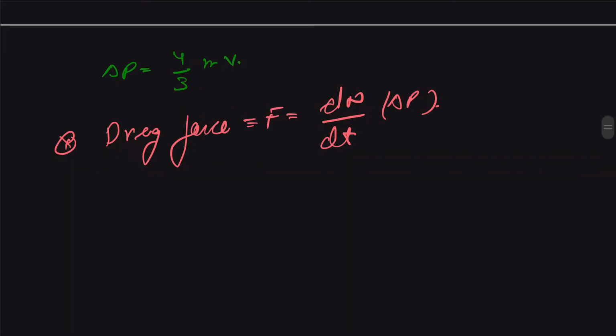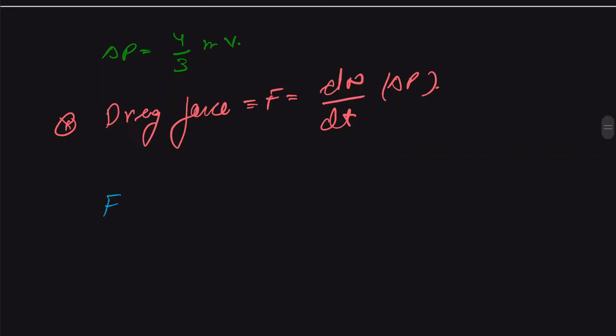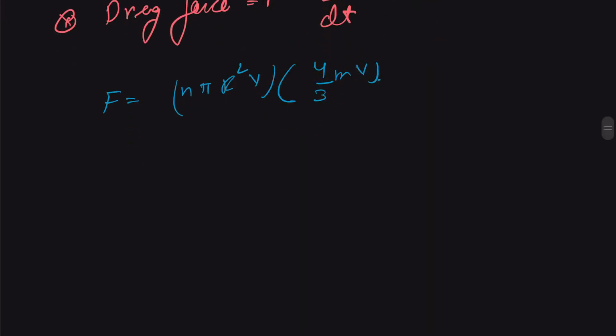We already have these two values, so F is equal to n pi r square v times 4 by 3 mv, and we can write this as F equal to 4 by 3 pi n m r square v square.